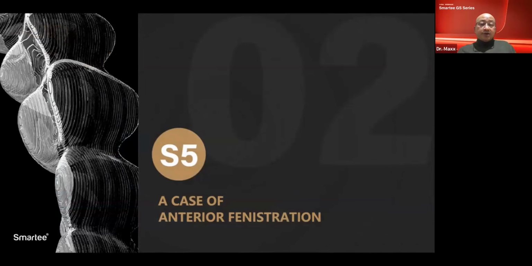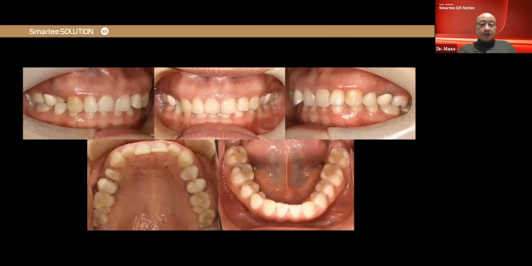So now another quite interesting case. Okay. So this patient is, of course, still a deep overbite, but this case is quite interesting because the patient's teeth were extracted before orthodontics.